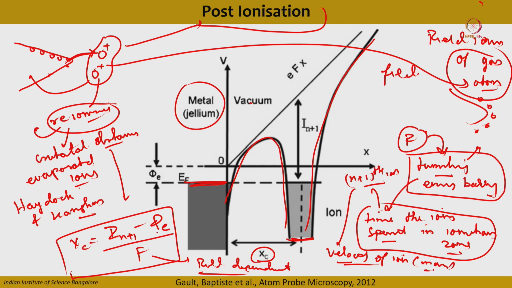Okay. So each atomic species, based on its mass, will have a different velocity. Based on that, it also depends upon the time spent near the ionization zone. So the more time it spends near the ionization zone, the more the probability increases for the tunneling effect and also the reionization of these ions for the (n+1)th electron.